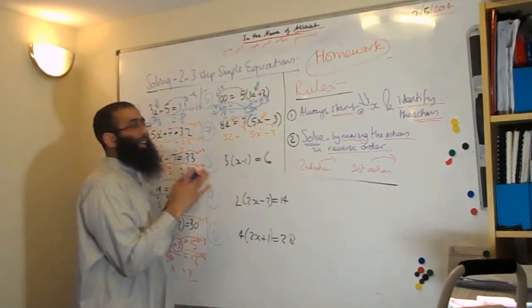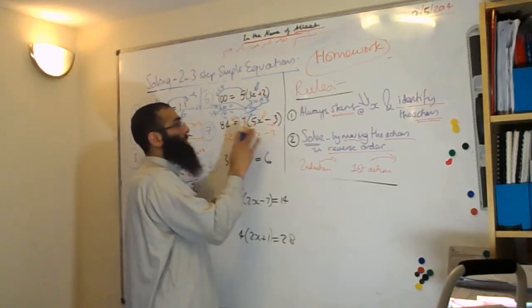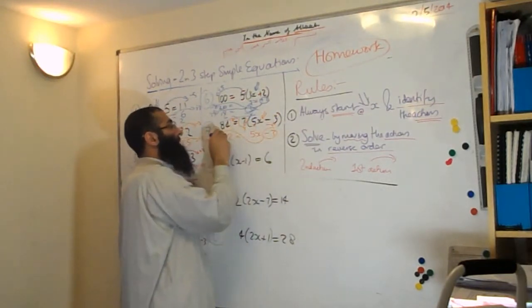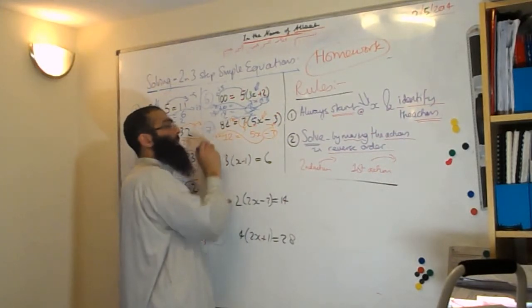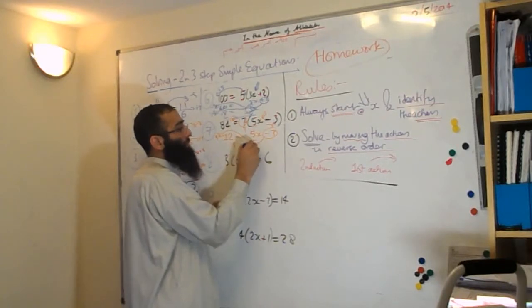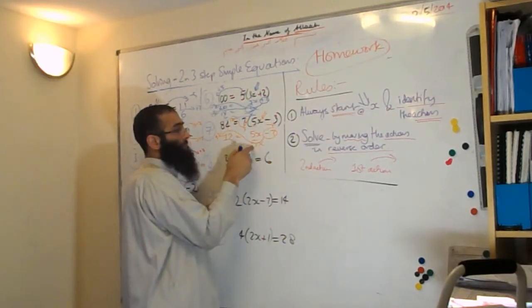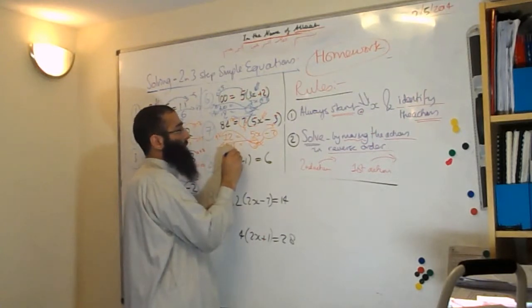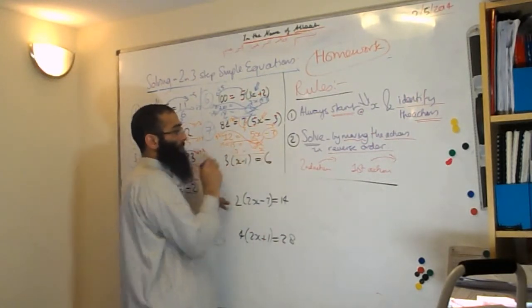So once we move the third action, the next one to move is the second action. We go in reverse order. Third, second, first. Opposite minus 3 is add 3. X been times by 5. Opposite time by 5 is divide by 5. X is equal to 3.